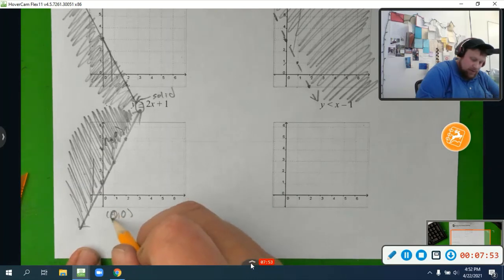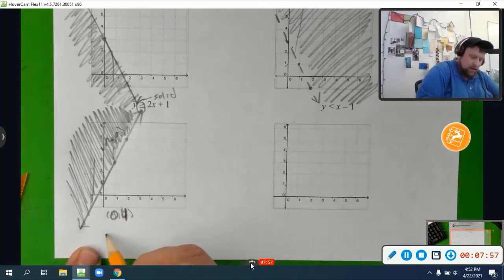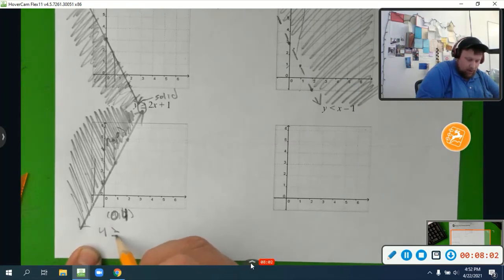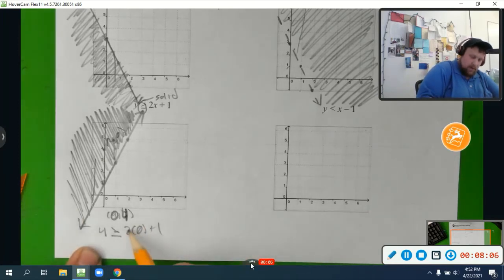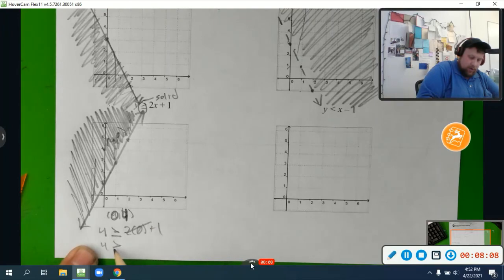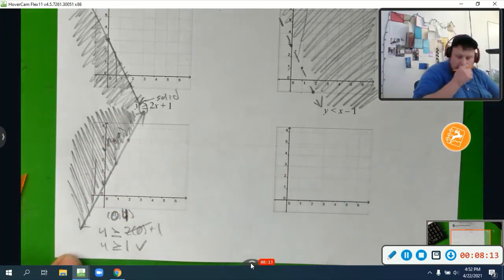Or excuse me, that's 0, 4. What am I thinking? Maybe some of you caught it while watching this. So I'm going to have 4 is greater than or equal to 2 times 0 plus 1. That goes to 0. I end up with 4 is greater than or equal to 1. Yep, that's true. So any point inside of here is going to make that true.